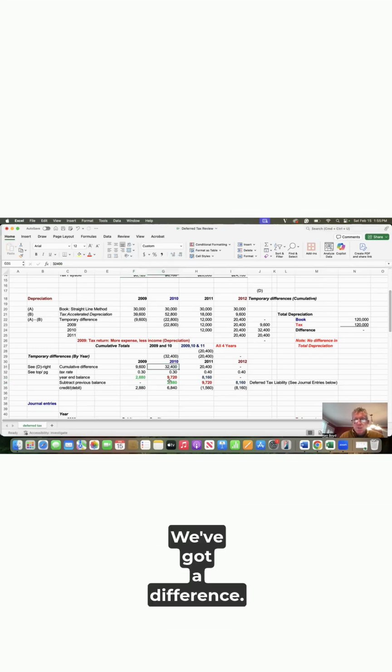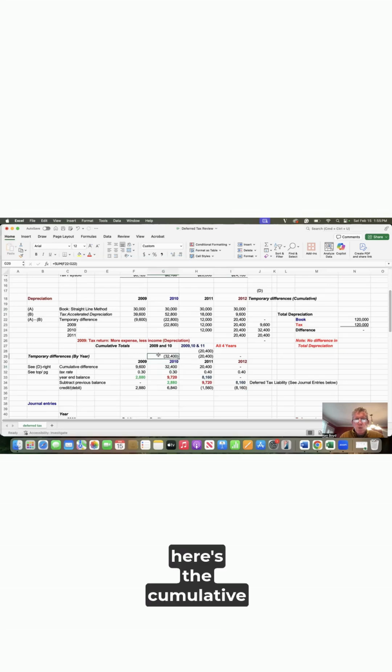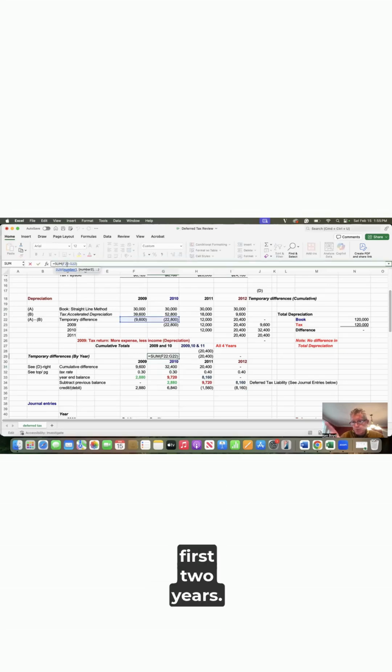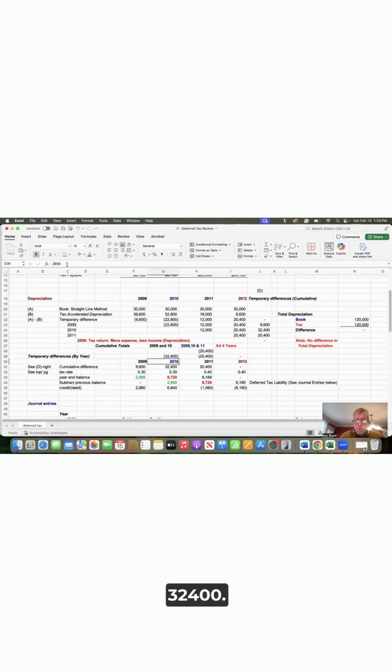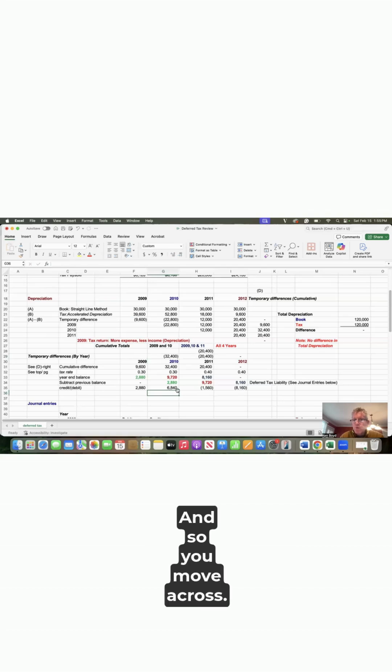We've got a difference, and I should point out a cumulative difference, which is the sum of the first 2 years. 32,400, we multiply it by the 30% tax rate. We get 9,720. We've already recognized 2,880 over here, and so the difference is 6,840. And so you move across.